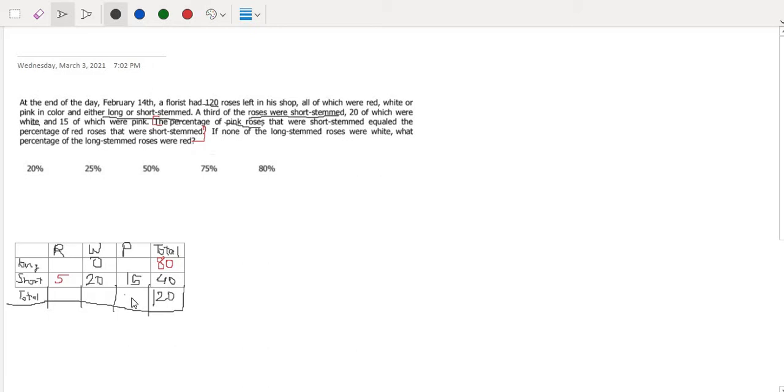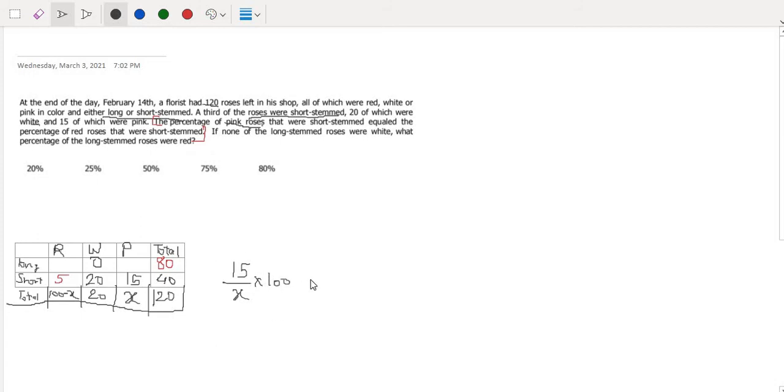So let me call it X here. This is X and this is 20. So how much will this be? 120 minus X, right? So the total pink roses are X. Out of them 15 are short stemmed, times 100.